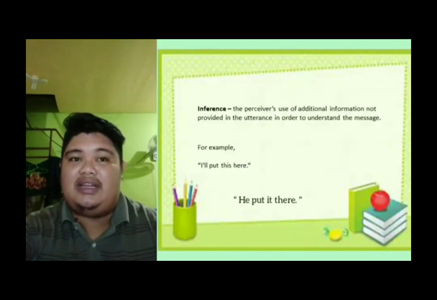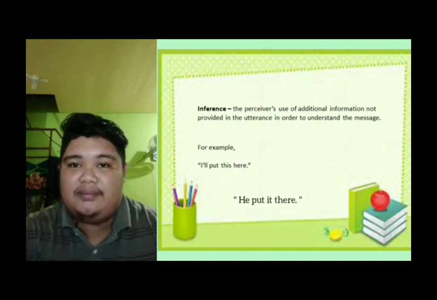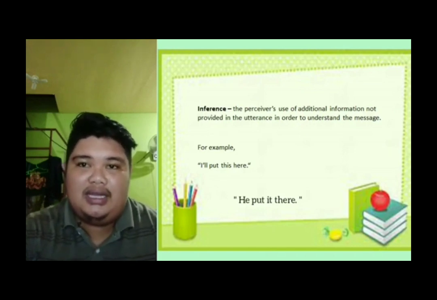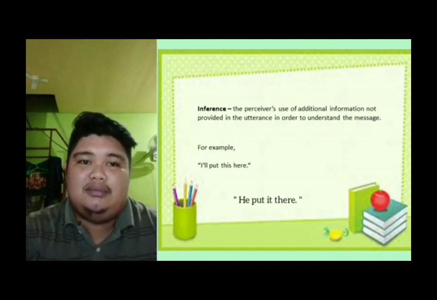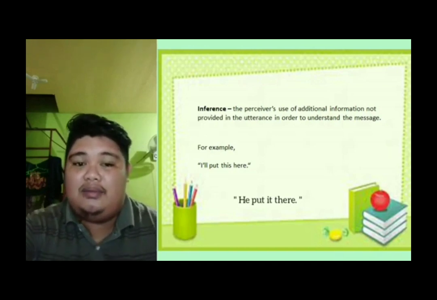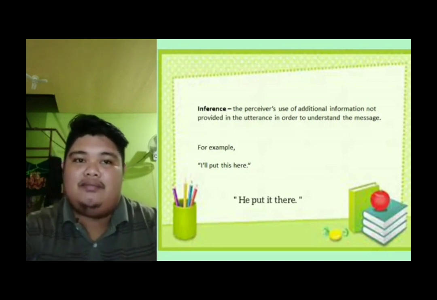So, next is inference. In inference, the perceiver uses additional information not provided in the utterance in order to understand the message. Now, from our previous example, I'll put this here.